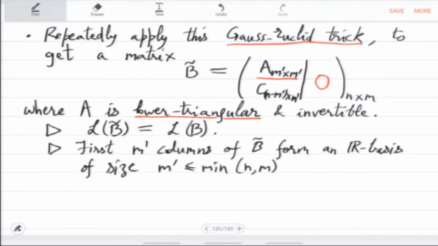Okay, and it spans the lattice that we already said. So this finishes the proof of the pre-processing step.